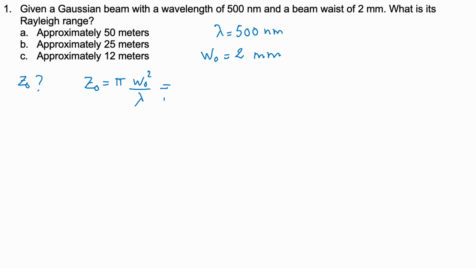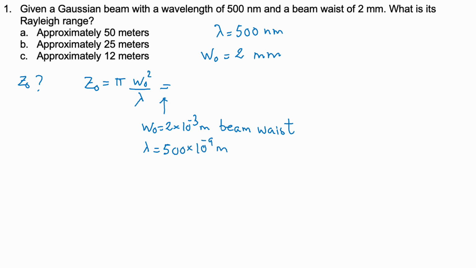So this problem is pretty straightforward since we already know the beam waist. Remember, this is the beam waist. And now we know the wavelength of the source, 500 nanometers.